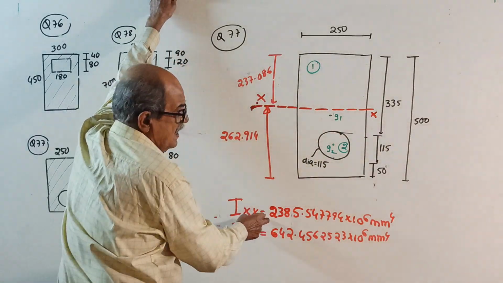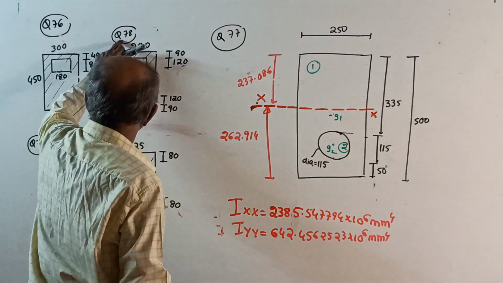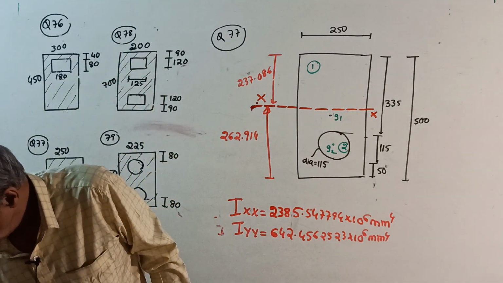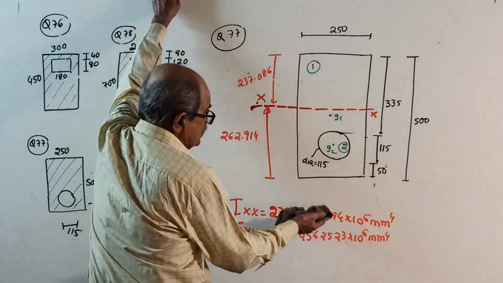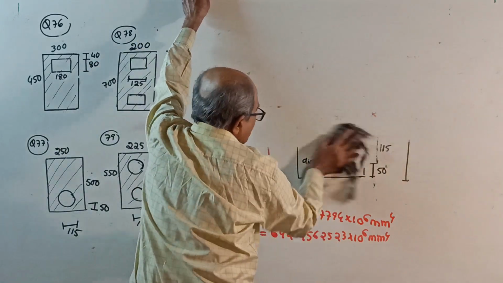I wrote the answer IXX, IYY. Now, the answer for questions 78 and 79. I will do both simultaneously. I will remove this one now. You check, solve the question. 77 is over, now 78 and 79.